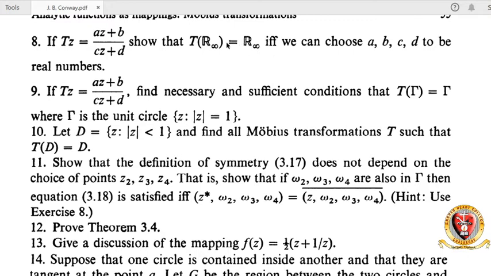Okay. We have to prove that this happens if and only if we can choose A, B, C, D to be real numbers. So let's see how we can prove the same.